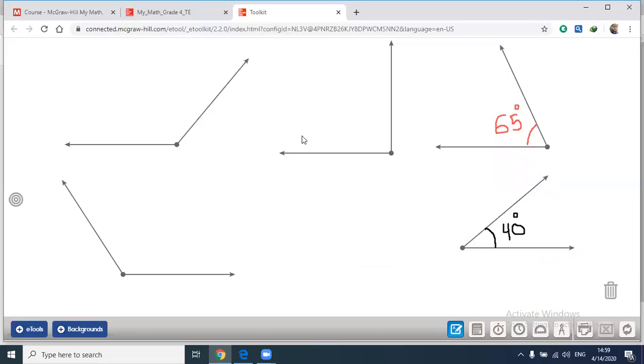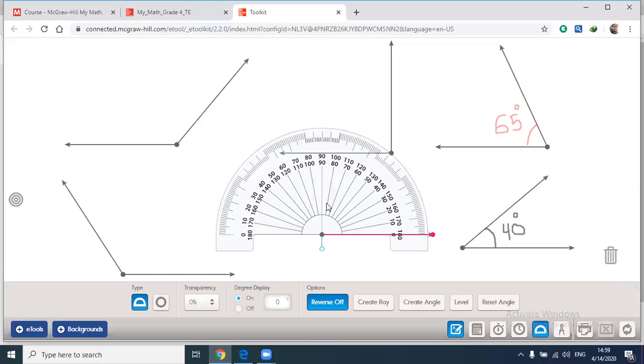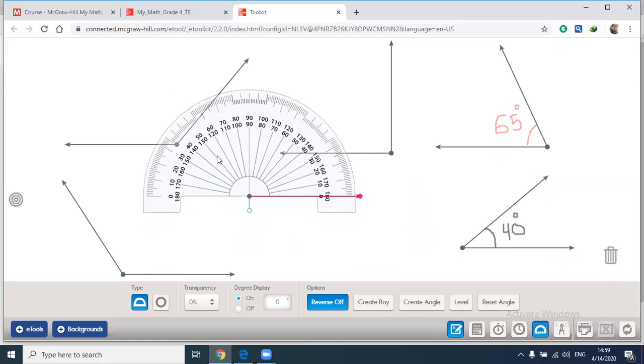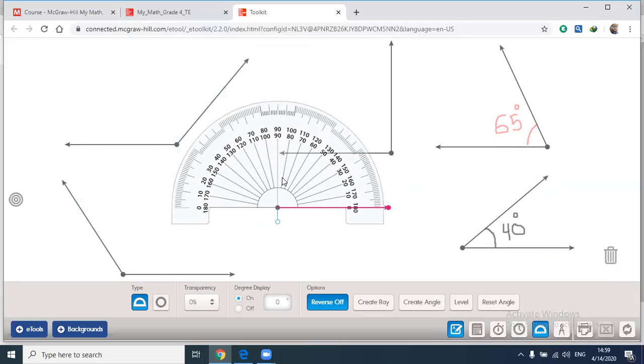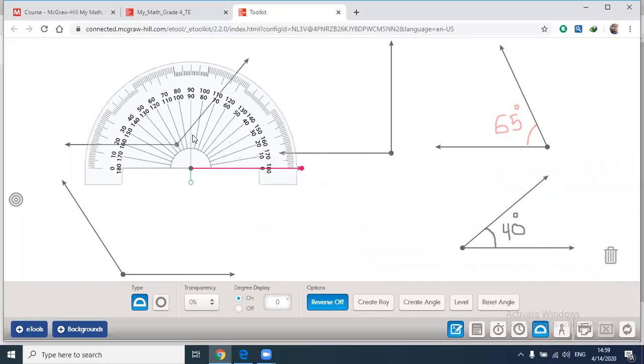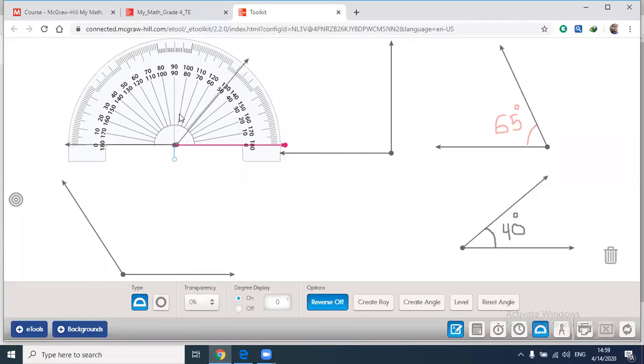Then I have this one, and this, and this. Here I have this angle I want to measure using my protractor. Place the center of the protractor on the vertex of the angle like this, and then count from 0, from this side, to reach the other side.